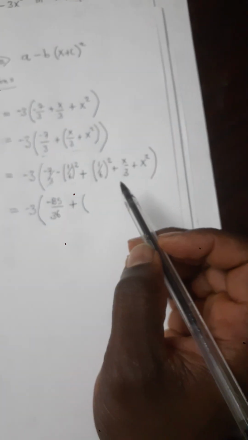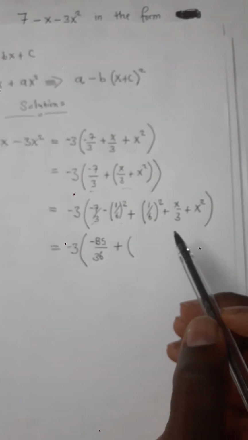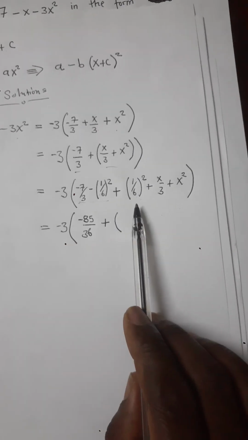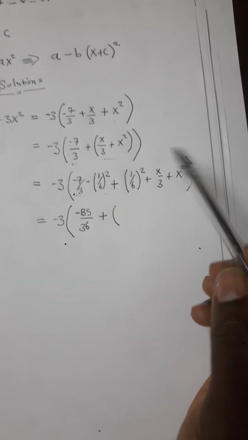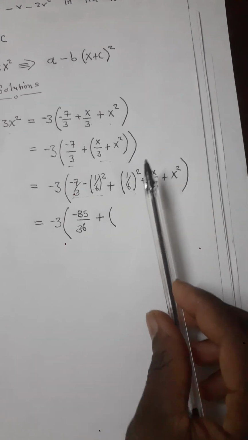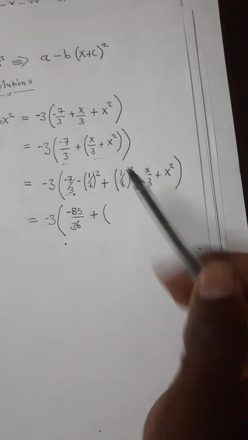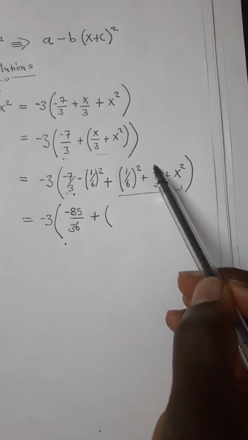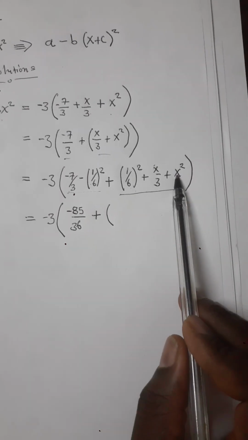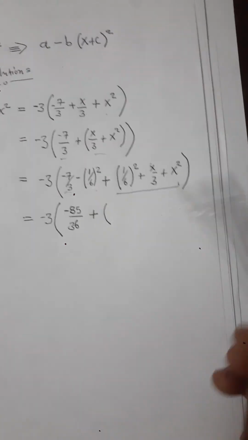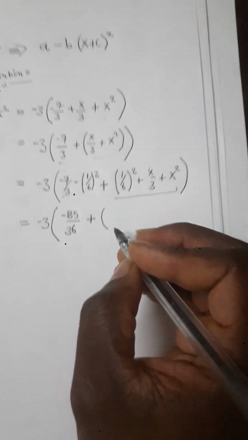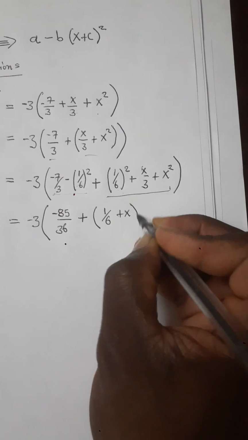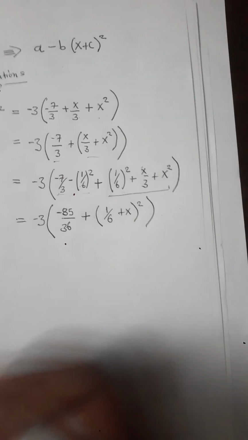Now the easiest way I simplify this is I ignore this middle part. When you look at this expression from here to there, I just ignore this part, then I get the terms with the power 2. The terms with the power 2 are 1 over 6 plus x, then I just put a 2 outside there, I close.